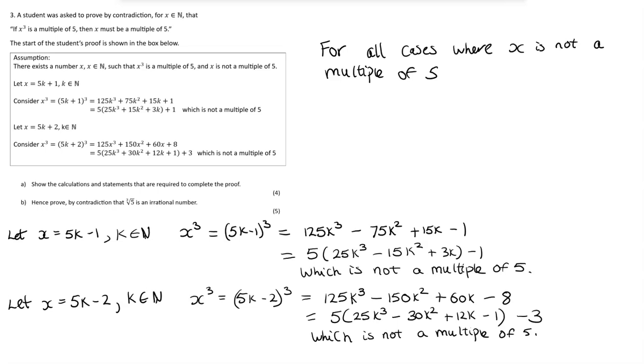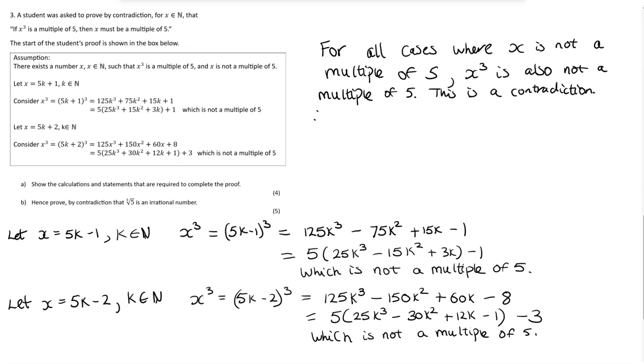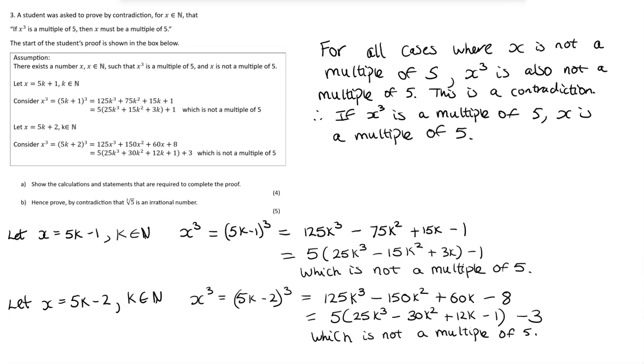For all cases where x is not a multiple of 5, x cubed is also not a multiple of 5. This is a contradiction. So therefore I can conclude that if x cubed is a multiple of 5, x is a multiple of 5. Okay, so that's 3a done.